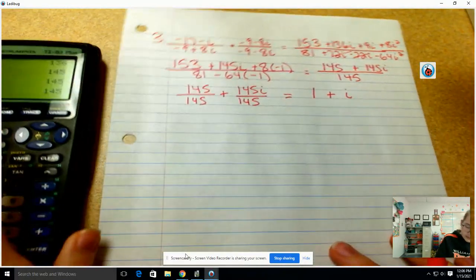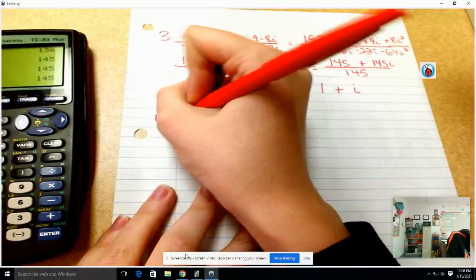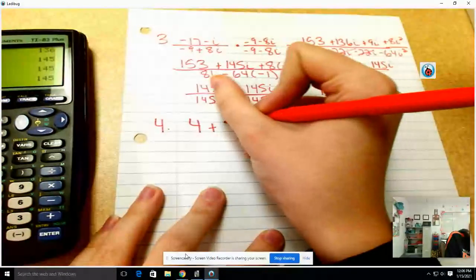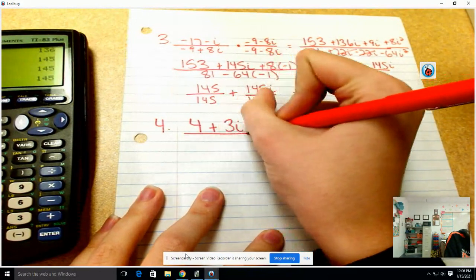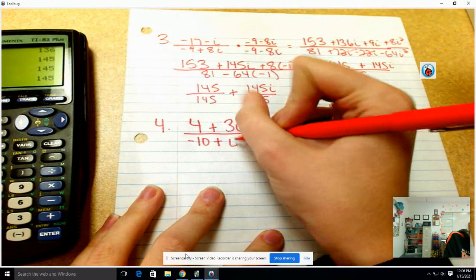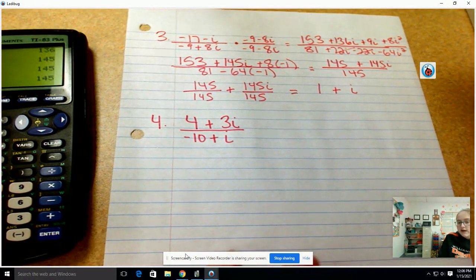All right, last example. I want you to take a second to try it on your own, and then I shall reveal the answer. I'm going to have 4 plus 3i over negative 10 plus i. Take a second to try that one out.